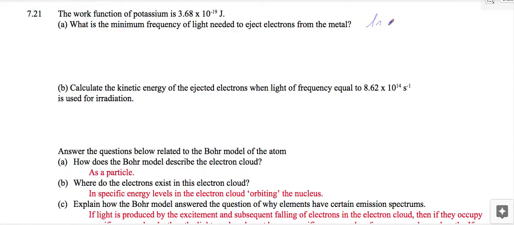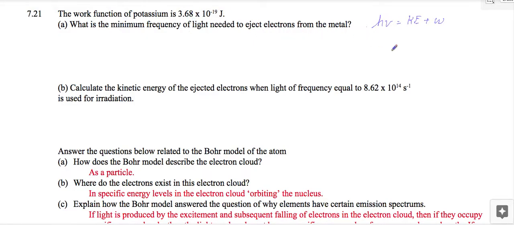This here, hν, is equal to the kinetic energy plus the work function. And remember that the work function is the minimum amount of energy required to release or to remove the electron from the surface of the metal.